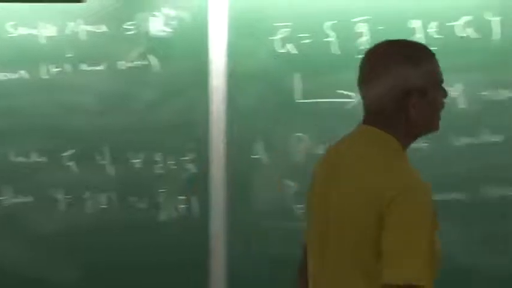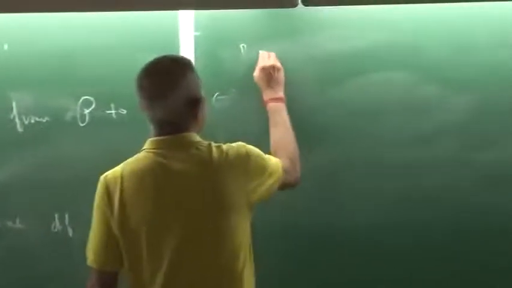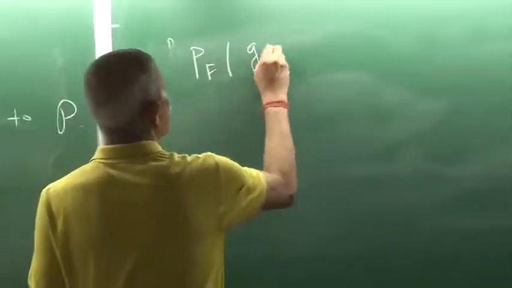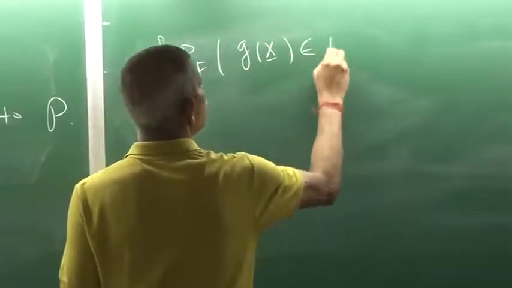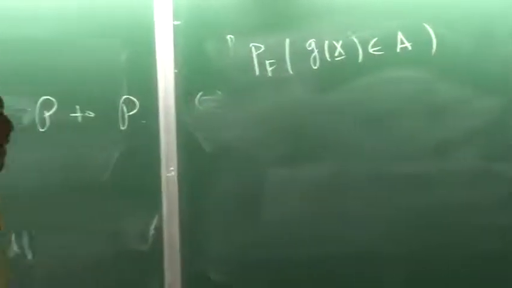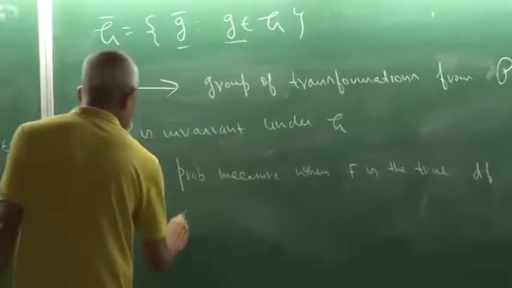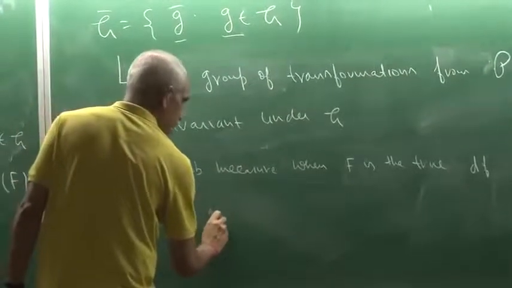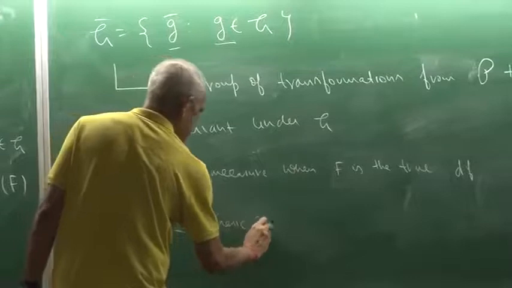So let us look at the probability P_f that gx belongs to A. Now this x is a generic random variable, the original x, the data.